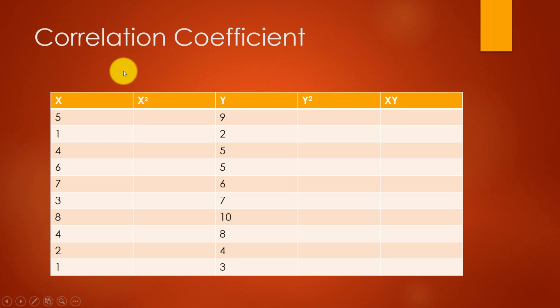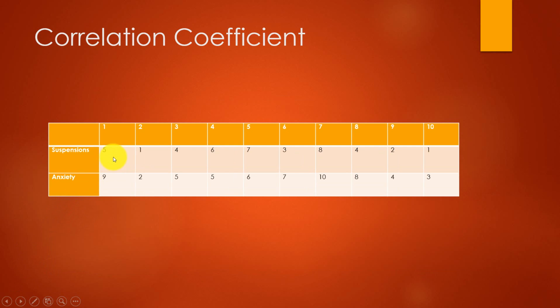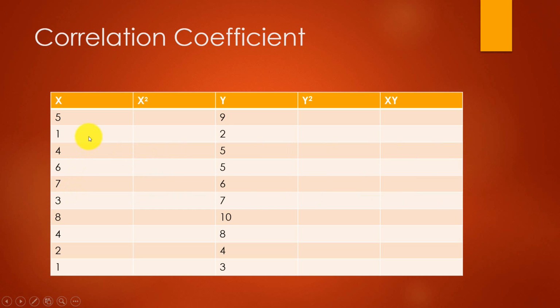The way I set this up is I put all of the x's in their own column, the x values, and then the y values, which are corresponding. So you'll notice on the previous chart, the 5 and the 9, there's the 5 and there's the 9, the 1 and the 2. Let's see if I got that right. 1 and 2, yep. So you can see how they all line up.